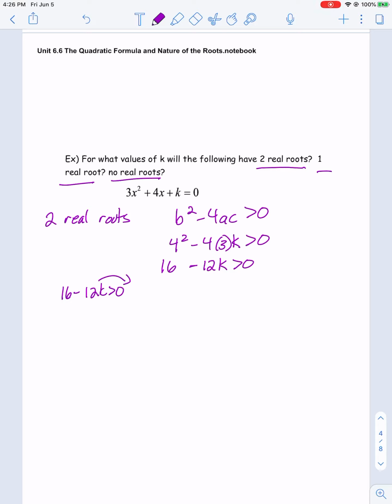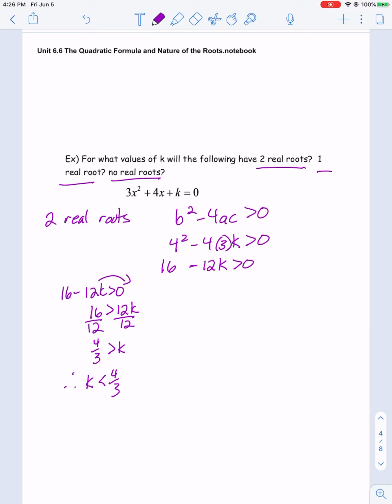Bring the 12k over, so 16 is greater than positive 12k. Divide both sides by 12, and 16 divided by 12 is 4/3. So 4/3 is greater than k, or k is less than 4/3.